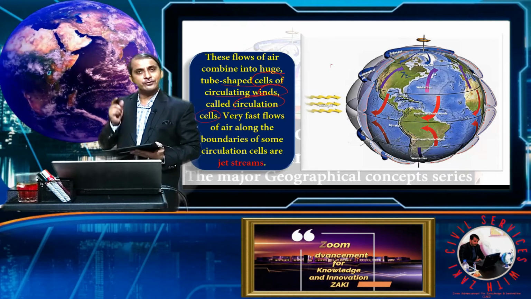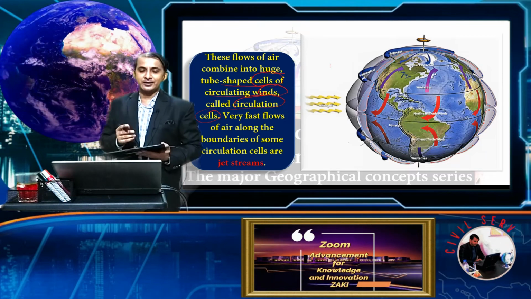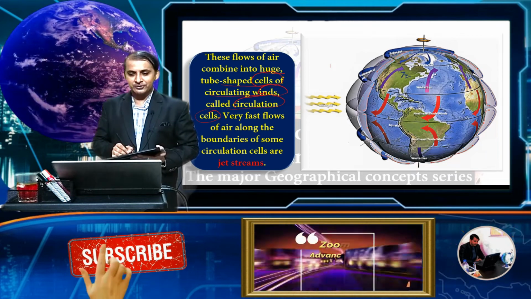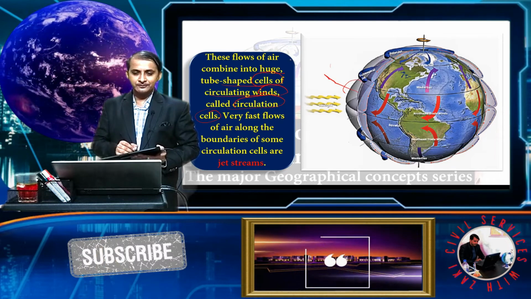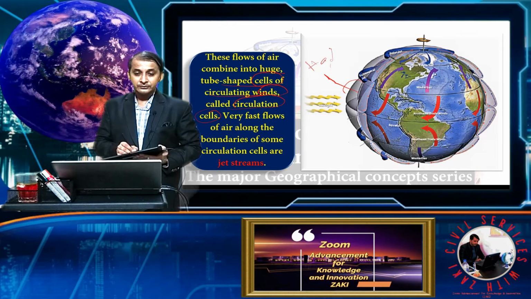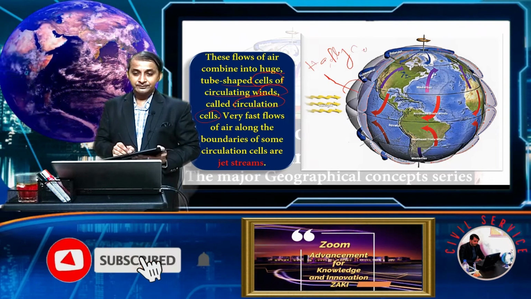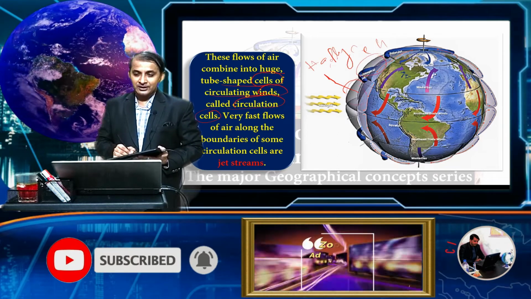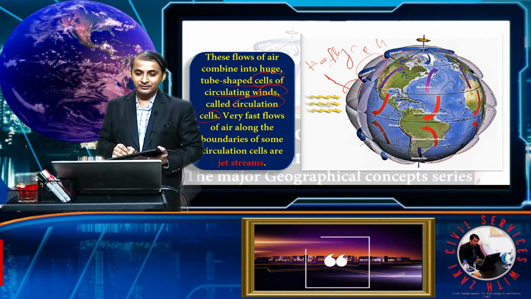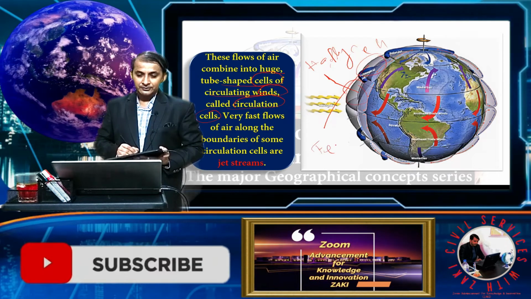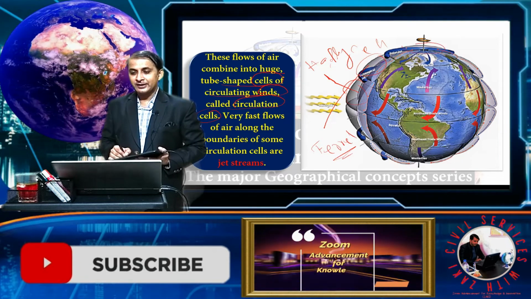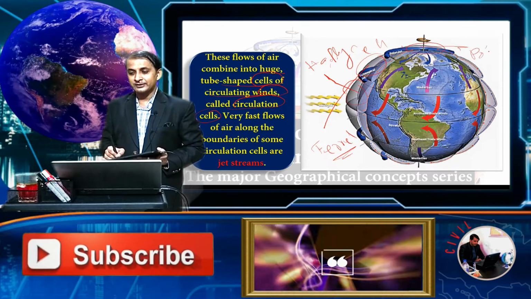Basically, our earth has three of these circulating cells. One is called the Hadley cell. Further on, this cell is called the Ferrel cell, and this cell here is called the polar cell.